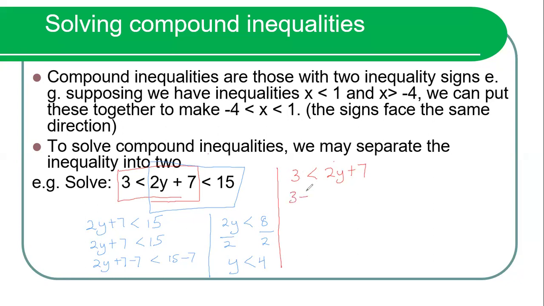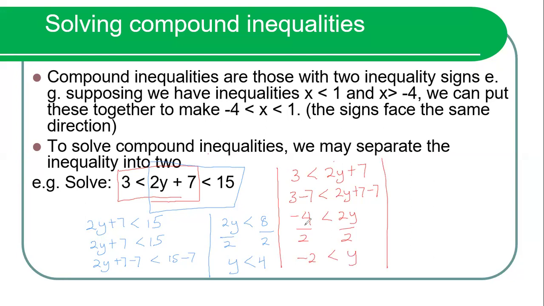So I can say 3 minus 7 is less than 2y plus 7 minus 7. So when you say 3 minus 7, you end up with negative 4 less than 2y. Since I want to obtain y, I'll divide by 2, divide by 2. So I'll have negative 2 is less than y.